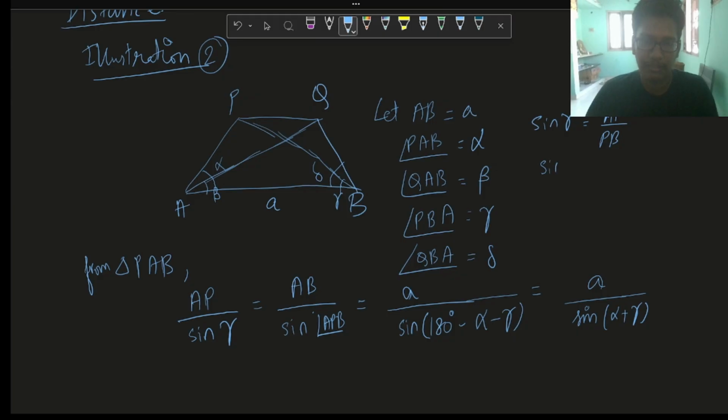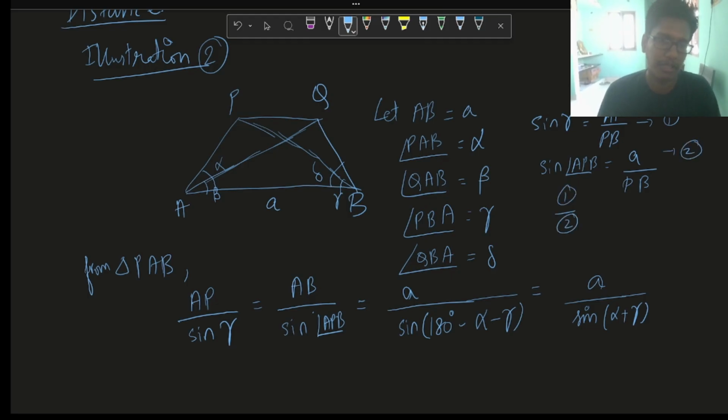And then if I consider the sine of angle APB, the opposite side would be A and the hypotenuse would be PB. So considering these as 1 and 2, then after 1 divided by 2, I would get sine gamma divided by sine of angle APB equal to AP divided by A.